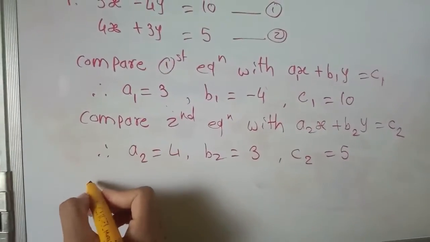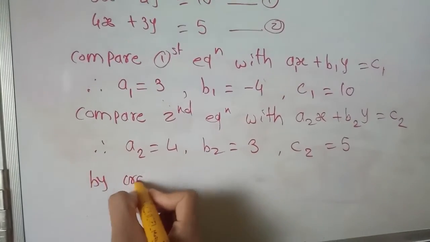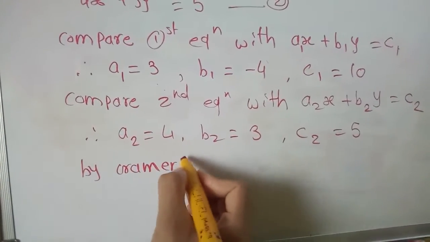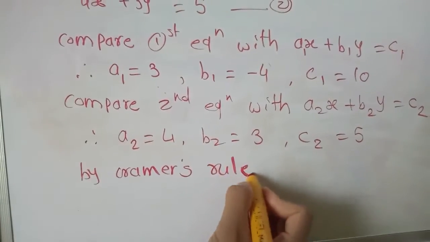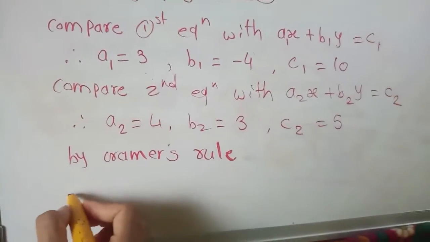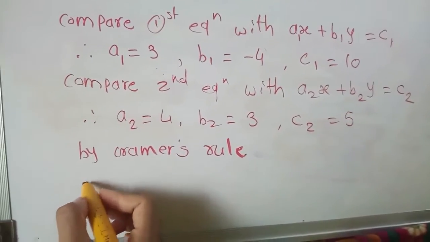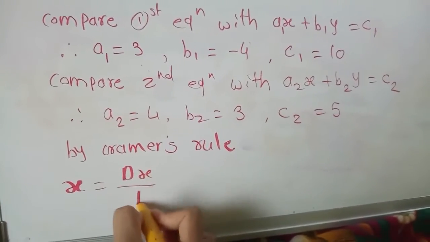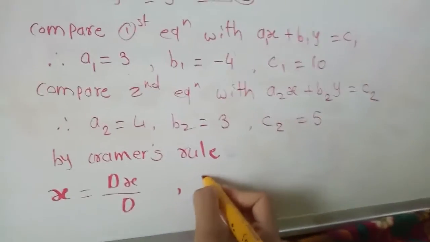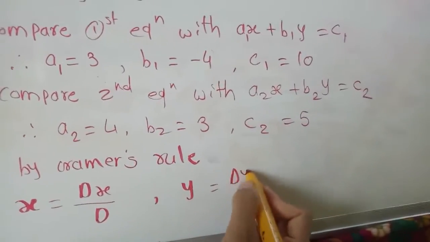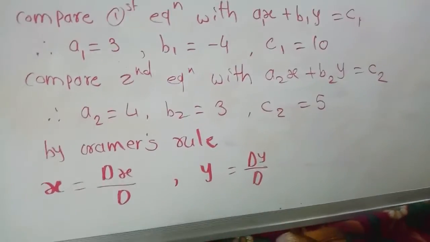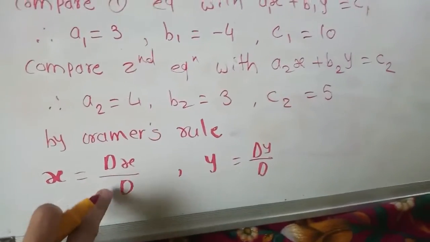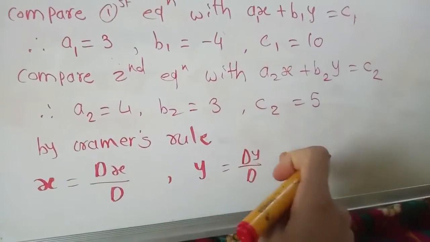So, by Cramer's rule, we have to find out the value of x and the value of y. So, x is equal to dx upon d and y is equal to dy upon d. So, we have to firstly find the value of d, dx and dy.